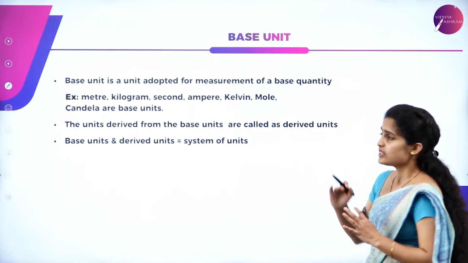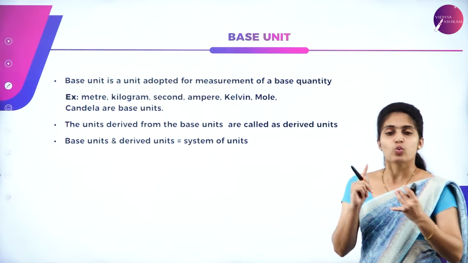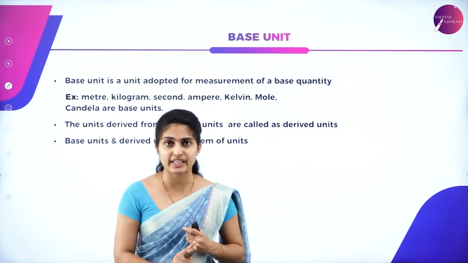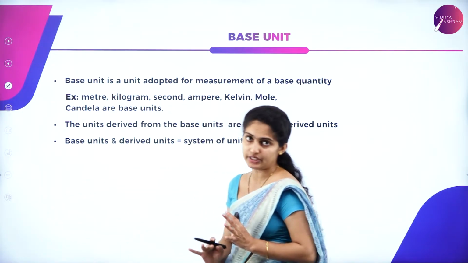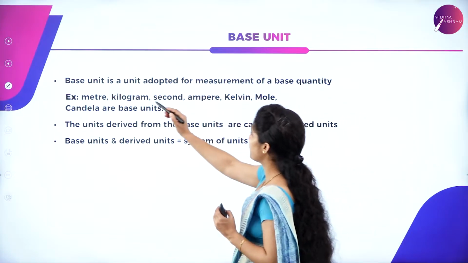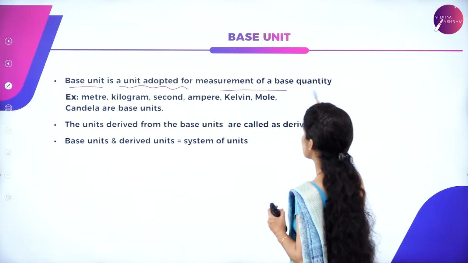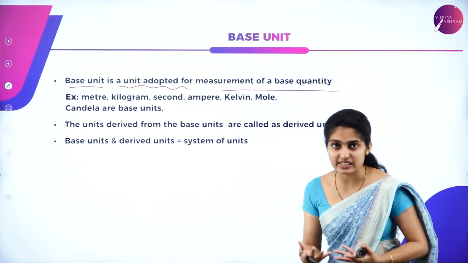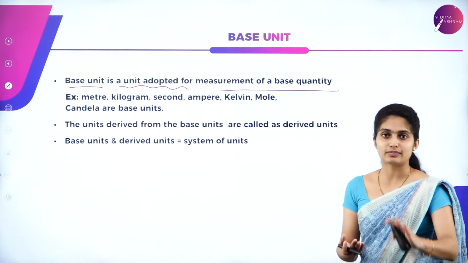So let us see what is meant by a base unit. Units are of 2 types. One is base unit and one is derived unit. So what is meant by a base unit and what is meant by a derived unit is the concept we have to learn here. Now coming to the base unit, it means the unit which is adopted for the measurement of the base quantity. Okay, we just adapt ourselves to very basic systems.